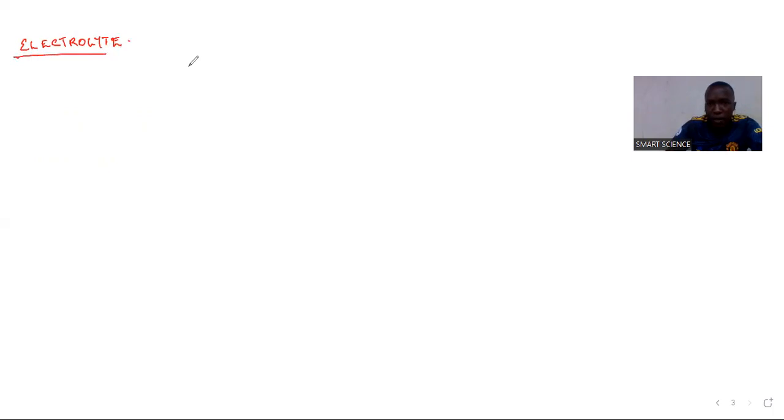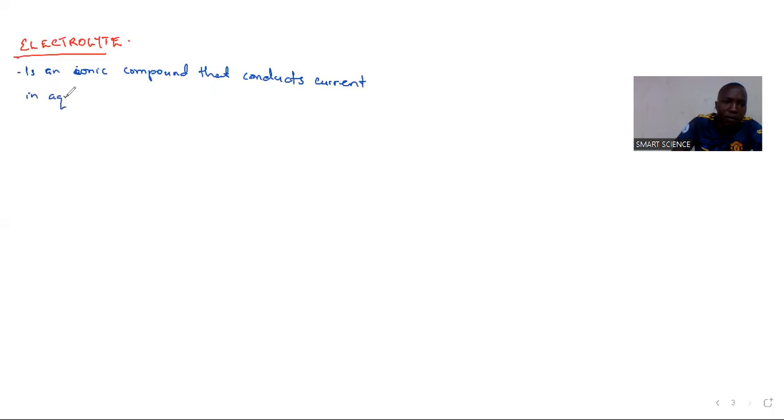When you're requested to define an electrolyte, it is an ionic compound that conducts current in aqueous or molten state.